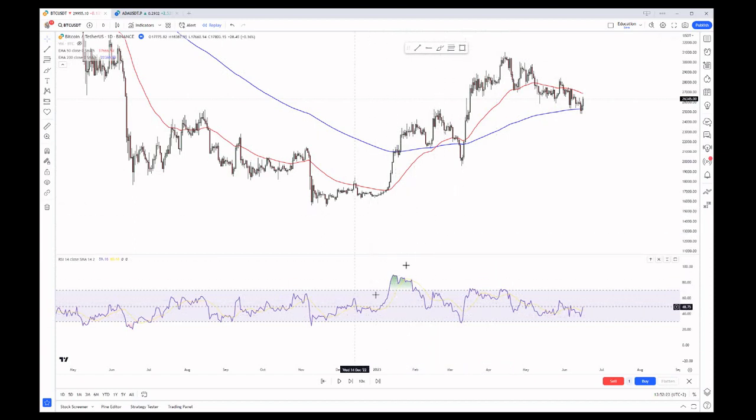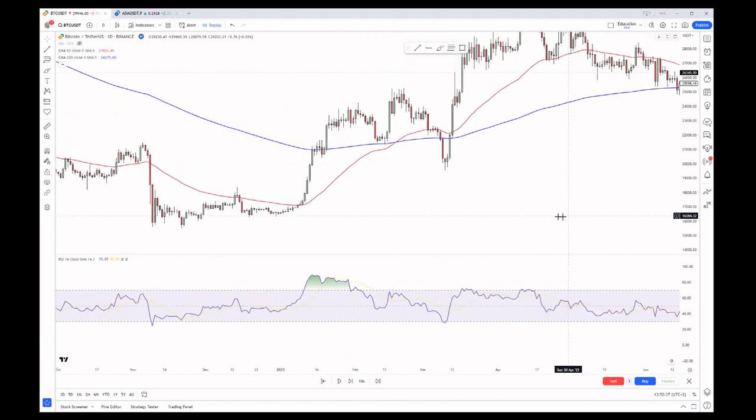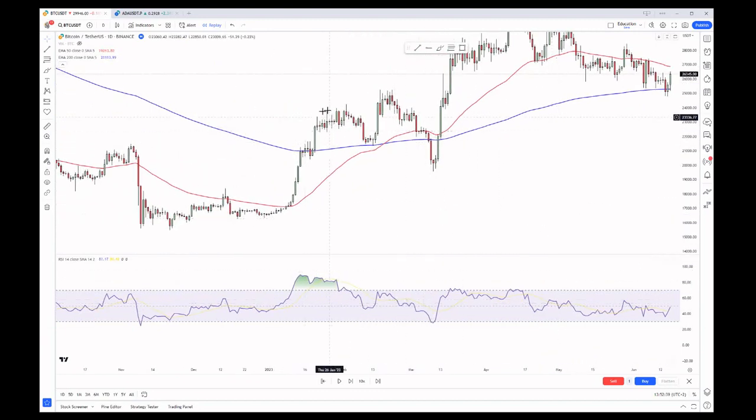Let's see if we can find a quick divergence somewhere. This one, yes. Let's zoom out a bit. As you can see here, we have a first top, we have a low, and we have a high.